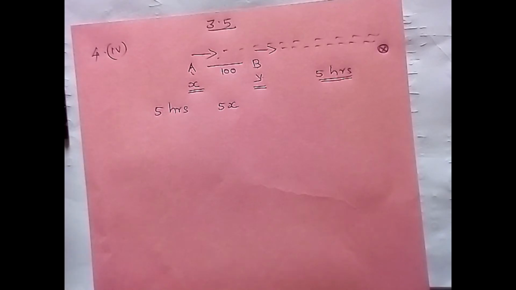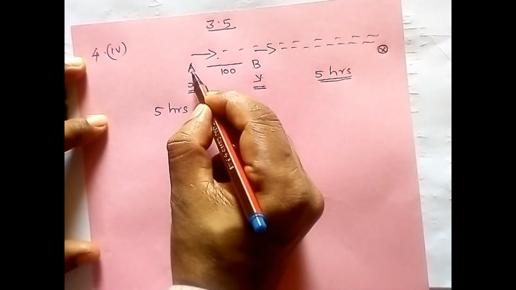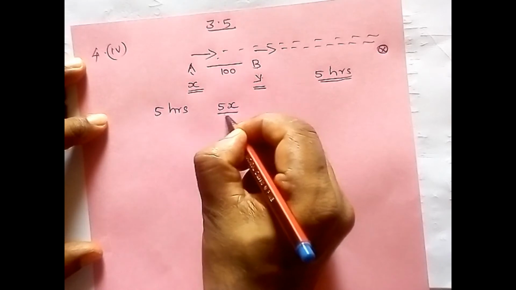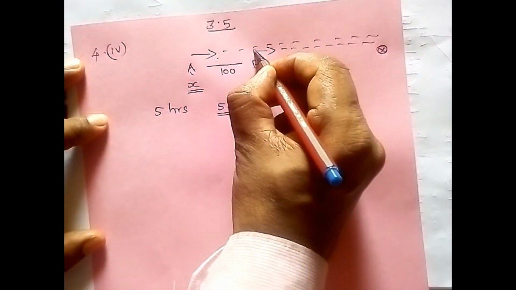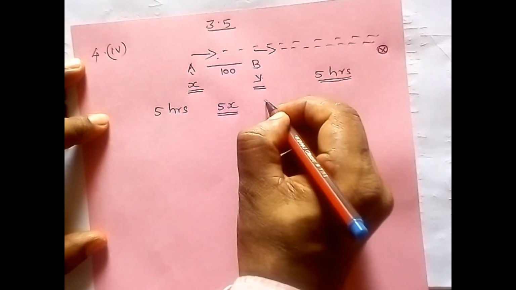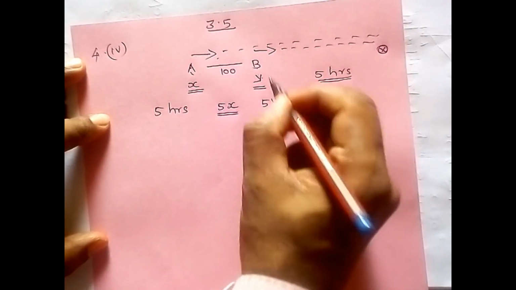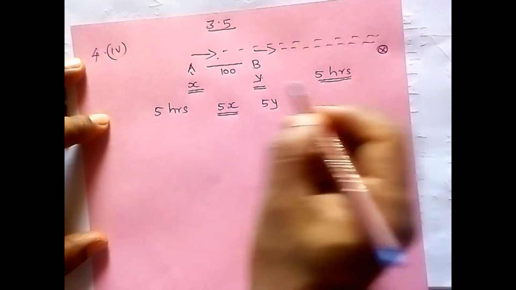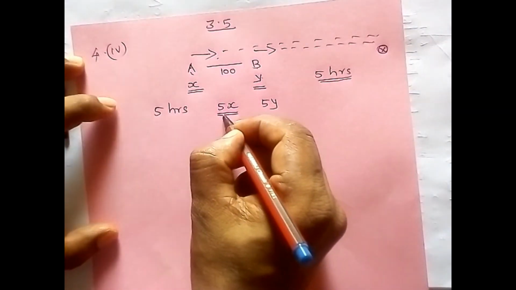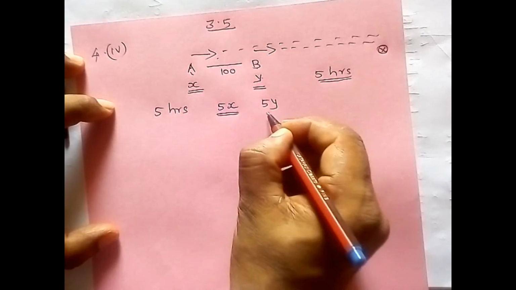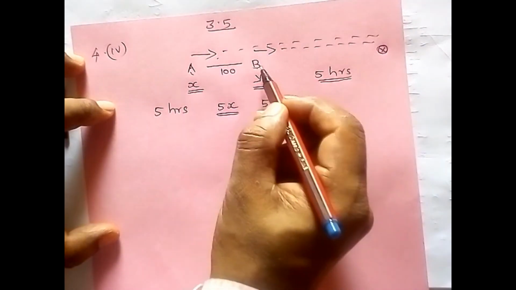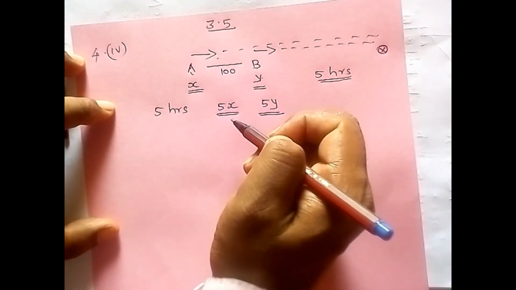Same way, the car from A will travel 5x kilometers in 5 hours. Similarly, the car starting from B will cover 5y kilometers in 5 hours, because the speed is y we have taken. Agree? And total distance traveled by A is 5x and total distance traveled by B is 5y.